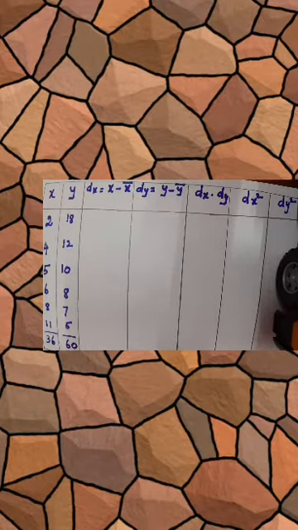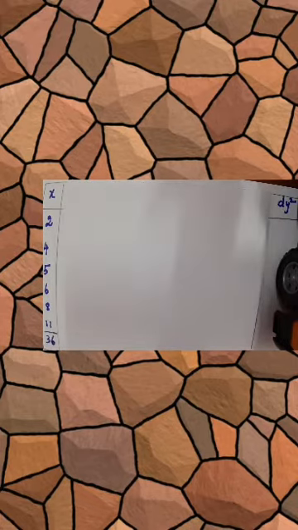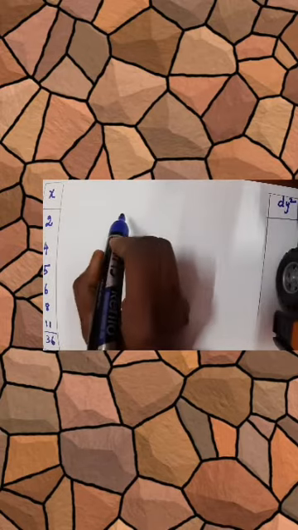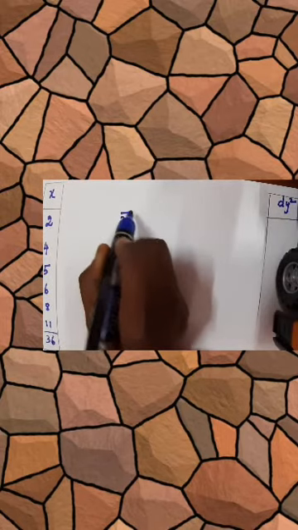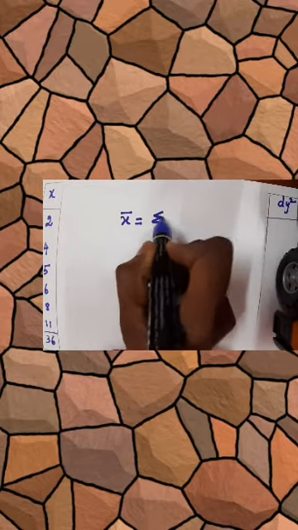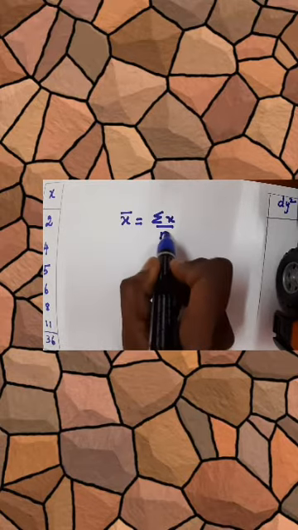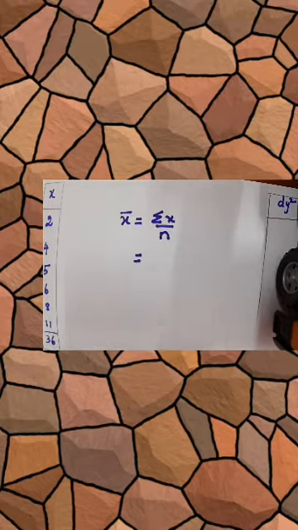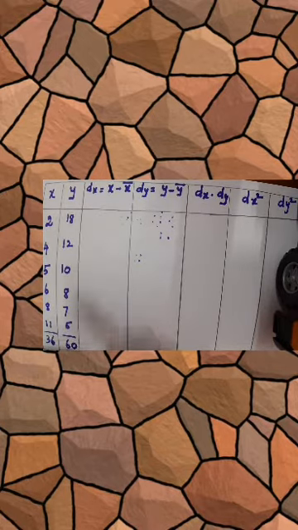Okay students, now we'll find x bar. So how we are going to find x bar? What is the formula to calculate x bar? X bar is equal to summation of x divided by n. N is nothing but number of terms. So how many terms you have totally?